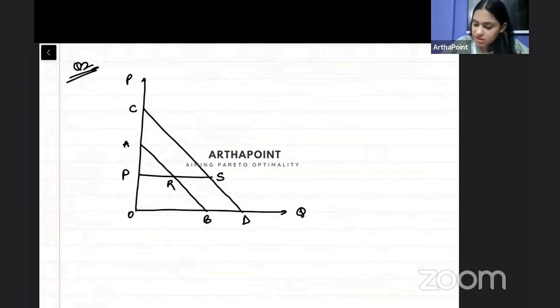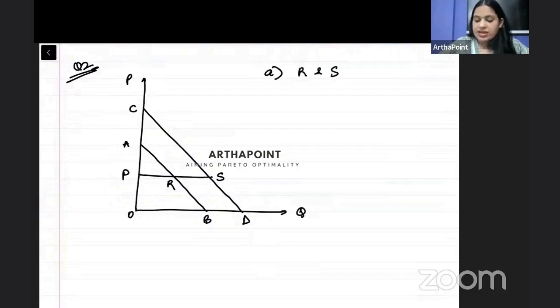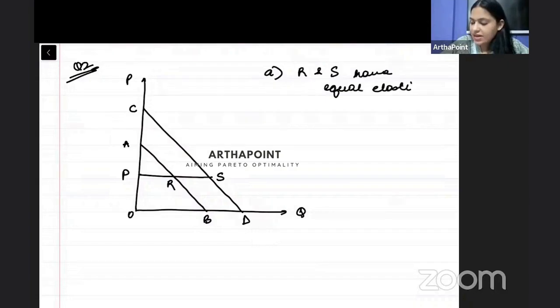The question is saying that option number A, R and S have equal elasticity. At R and S, you have equal elasticity.